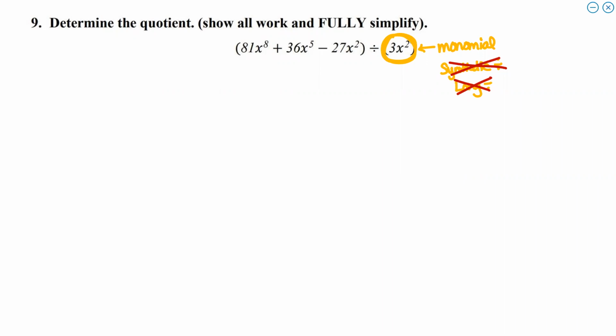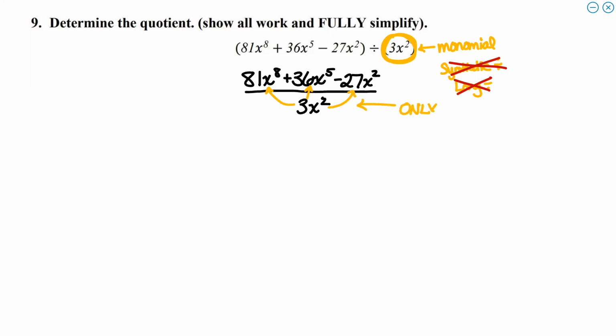I would rewrite this 81x to the 8th plus 36x to the 5th minus 27x squared over my monomial 3x squared. And then I'm going to take that monomial and I'm going to distribute it to each of these terms. I only do this with monomials.